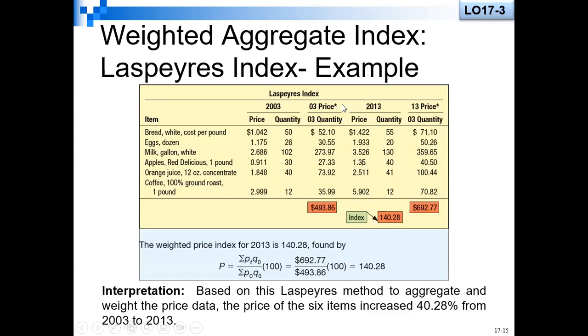So let's now look at how to compute the Laspeyres index, okay? Now, you take the price today of what you consumed last year.